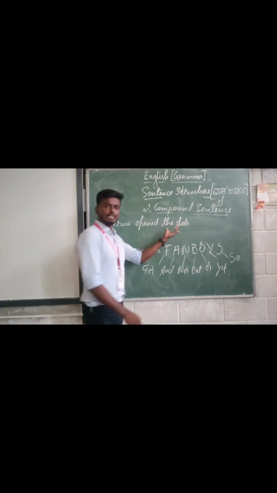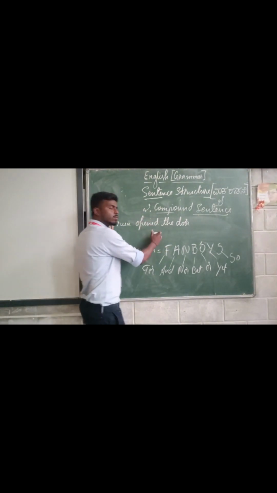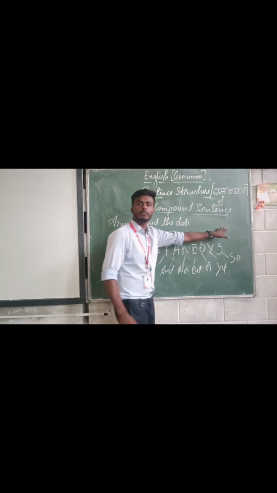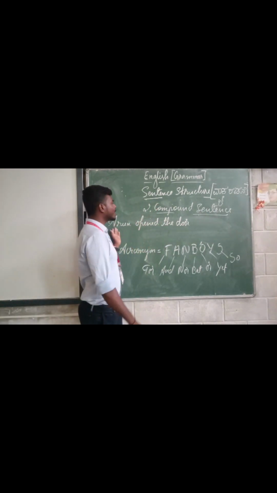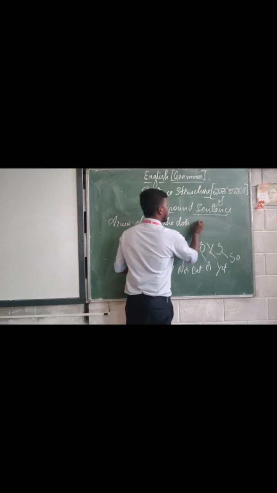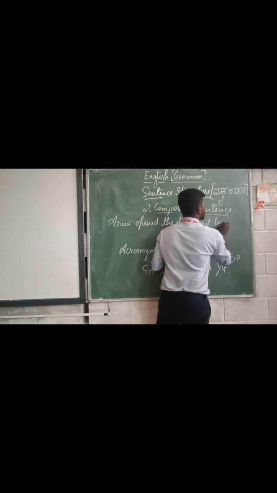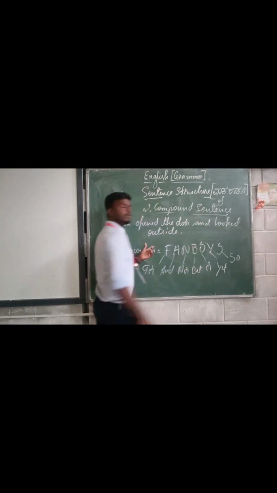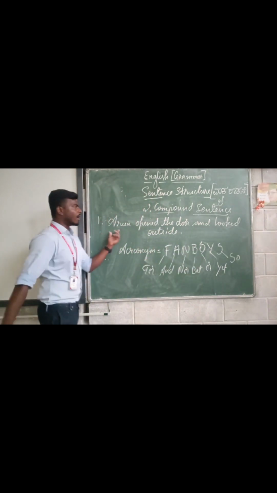So after joining with a coordinating conjunction, here Arun opened the door, and here we can use and, and looked outside. So here the example one is Arun opened the door.